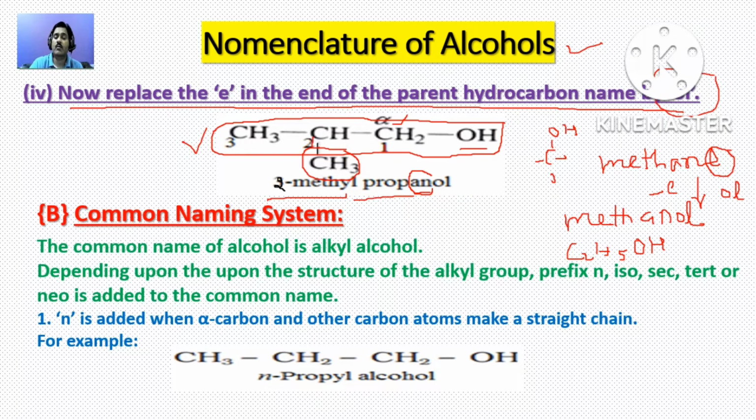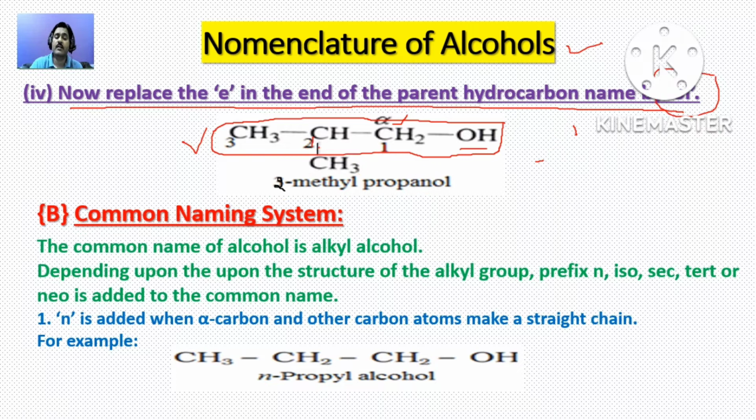Okay, now comes another method of naming, that is the common naming system. There are no rules for the common naming system, so some general terms or names are used for this kind of naming. The common names for alcohols are alkyl alcohols.